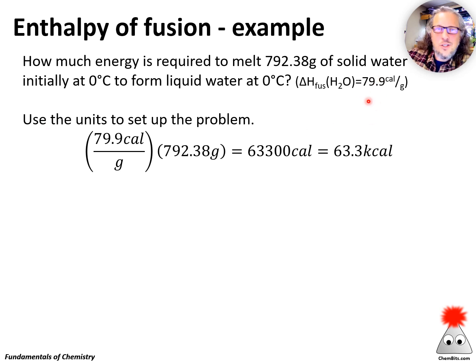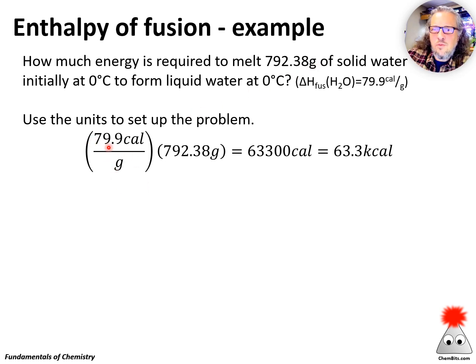So again, just like with a lot of these heat transfer problems, let's use the units to set ourselves up. So we've got 79.9 calories per gram. Well, if I want energy, I just need to get rid of grams. And I'm given grams in the problem.